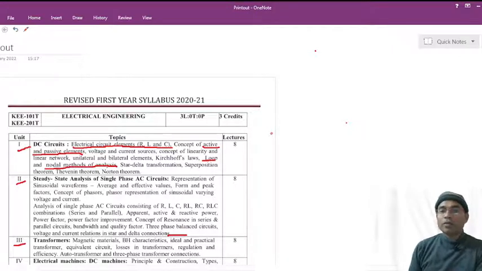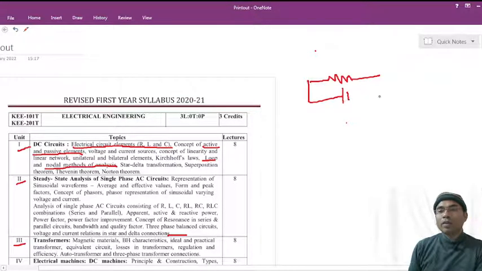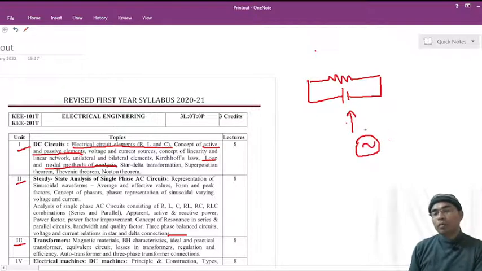In the first unit we saw what happens if a DC source is applied in the circuit, and what the effect of the DC source is. But in this unit, the DC source will get replaced by an AC source. AC means alternating source. So we have seen the effect of a constant source in the first unit.